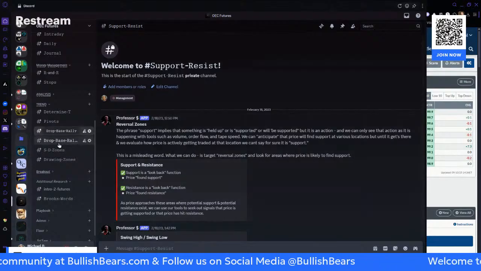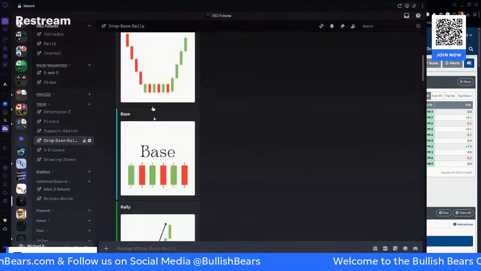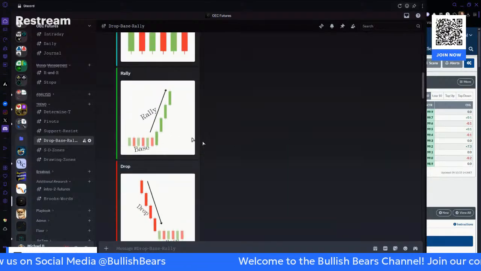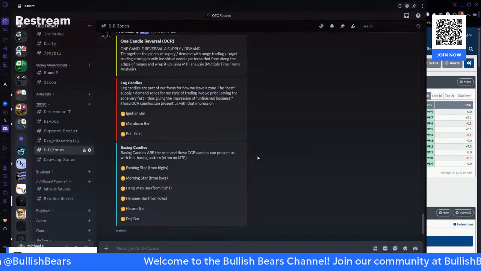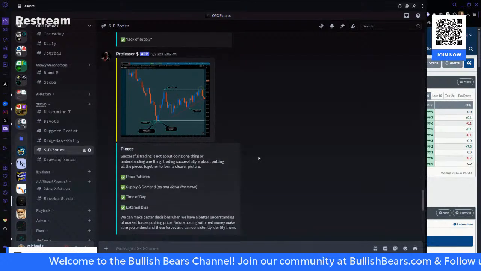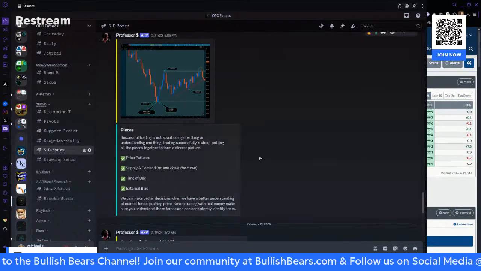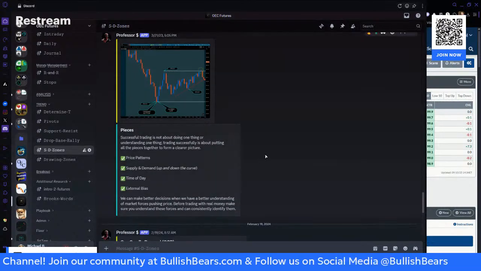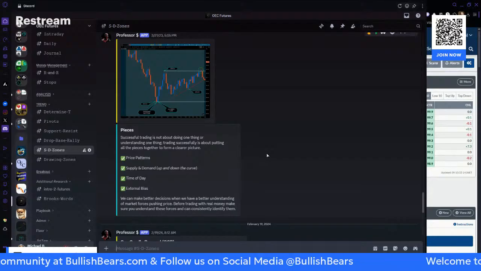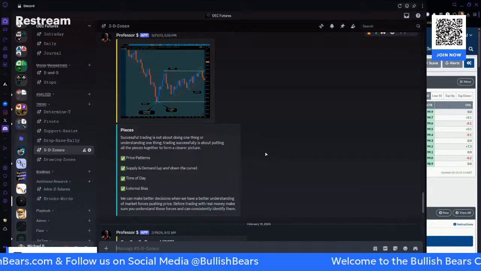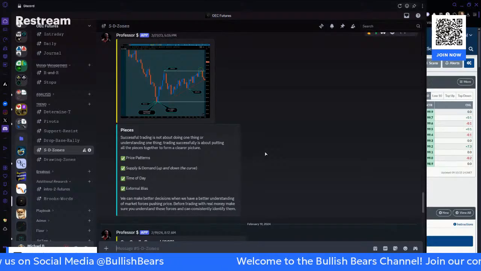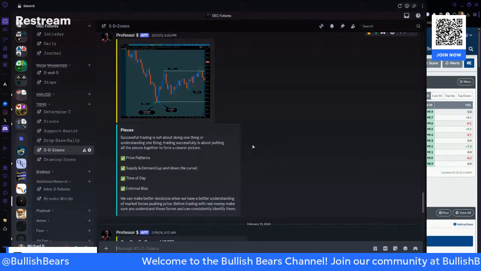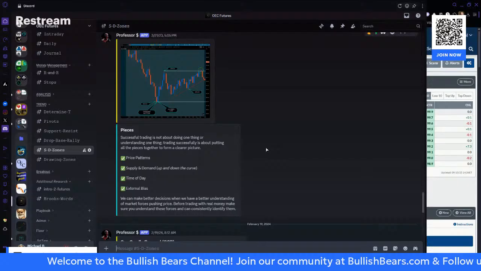But when we're talking about reversals, this drop base rally is one of the most popular to focus on. And if you tie specific candle patterns to it, it makes it even better. So that you can get really picky and say, well, I only want the highest quality setup. And if it's not that, then I don't want it.